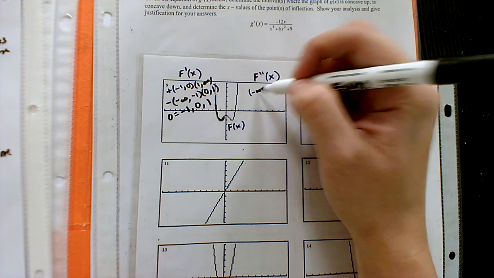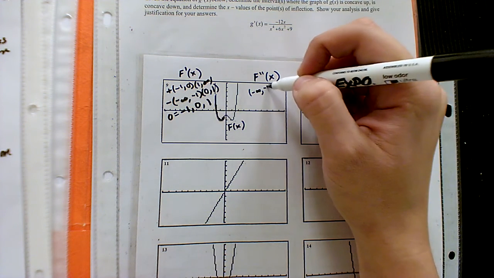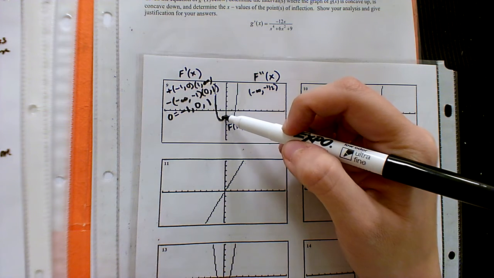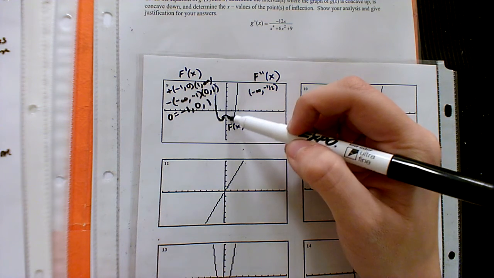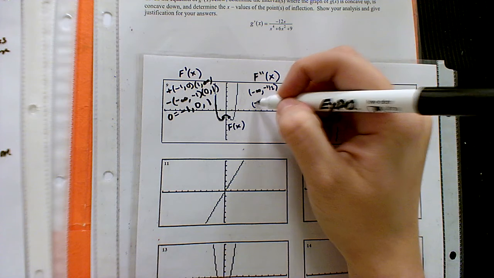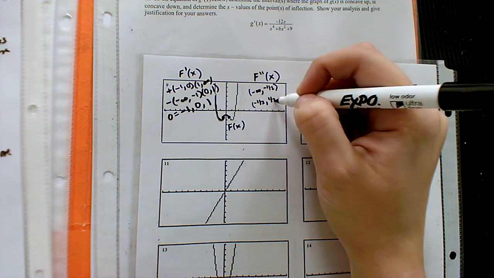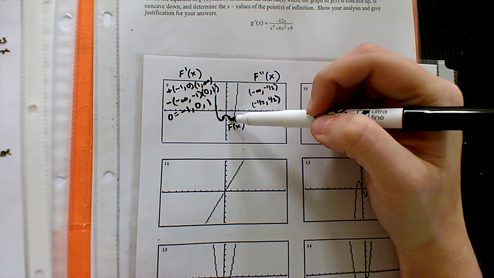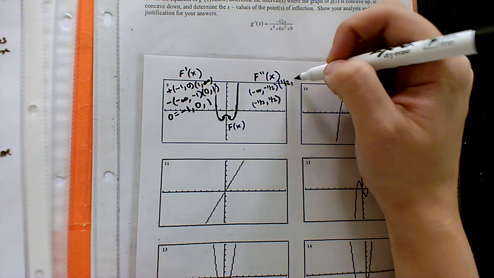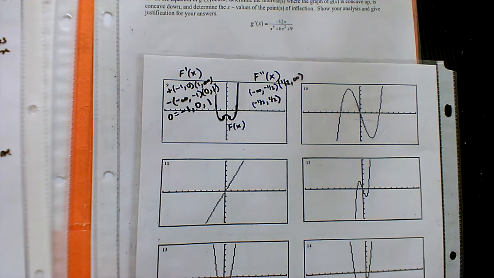Okay, so negative infinity to maybe we'll say negative a half. All right, somewhere right there. And then notice how I change because I have a little itty bitty section that's upside down. So that would be negative a half to maybe positive a half. And if I continue to trace, notice how I'm concave up again. So we'll say positive a half to infinity.